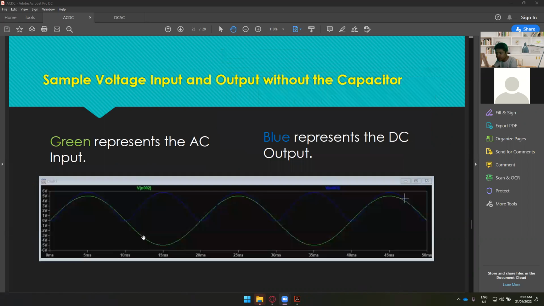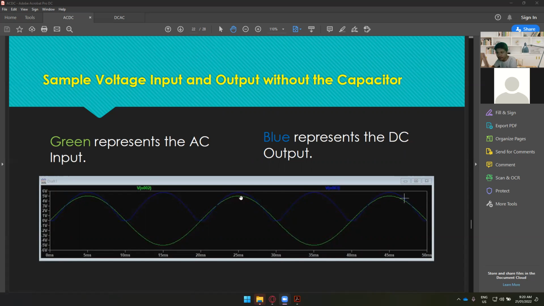Okay. So for now, we have here the sample voltage input and output without the capacitor. Without the capacitor or the filter, we still have a complete ripple. The green one is the AC, and the blue one, is it blue? It seems like violet to me. Anyway, this is the DC output. It's a pulsating DC from 0 volts to 6 volts, and so on.